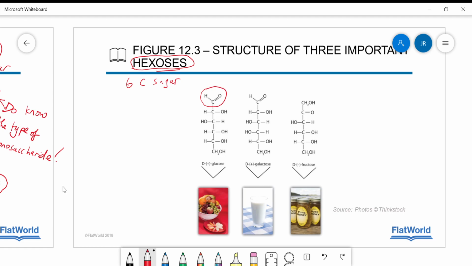So this is glucose, brain food, the preferential food for our bodies, including our brains. So this is a 6 carbon sugar. It's a hexose because it's got 1, 2, 3, 4, 5, 6 carbons. But it's also aldehyde based, so it's an aldohexose.